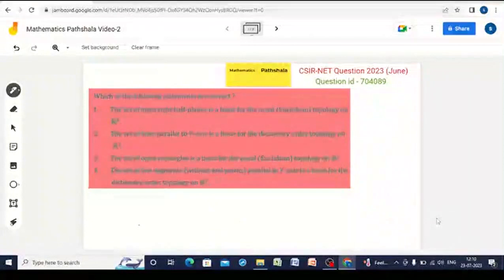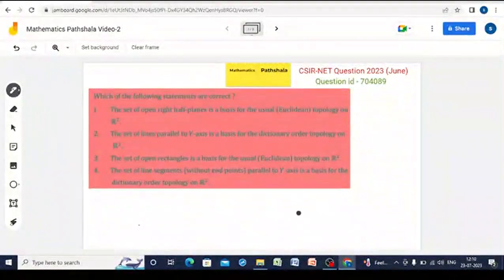First of all, we will see about the usual topology. It is in option 1 and option 3. So look at option 3. The set of open rectangles is a basis for the usual topology on R2.